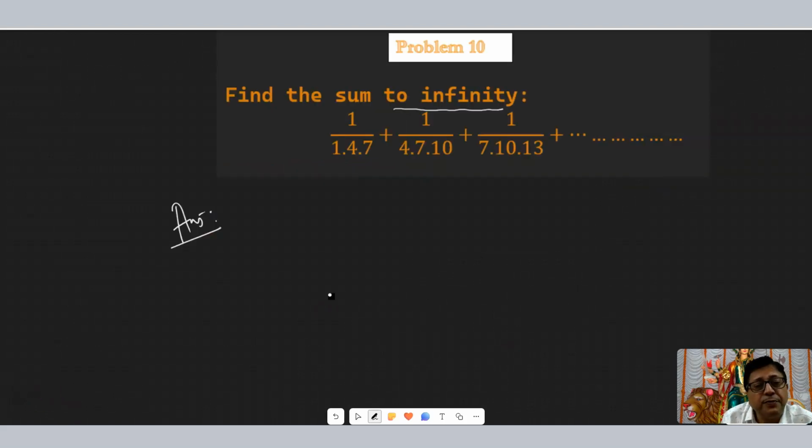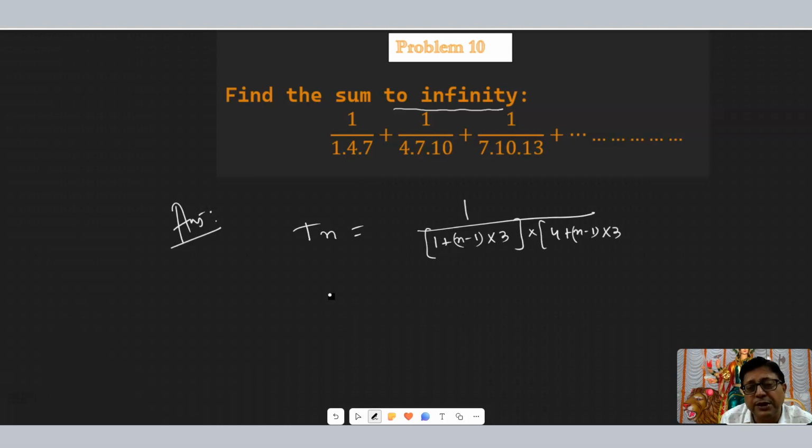This nth term, if you write here, Tn equal to 1 by nth term of 1, 4, 7: 1 plus n minus 1 into 3, 4 plus n minus 1 into 3. This kind of sum we have done before. This will be 7 plus n minus 1 into 3.